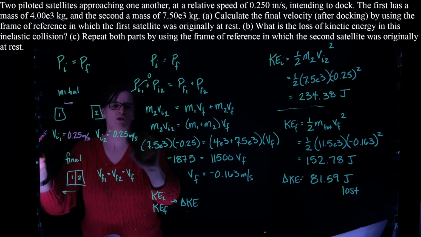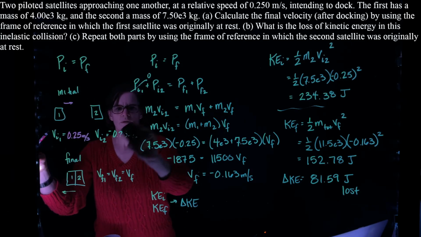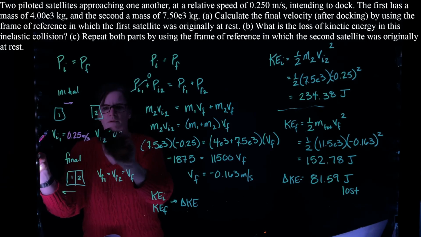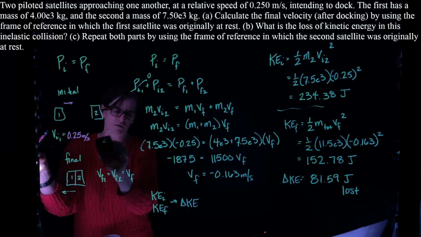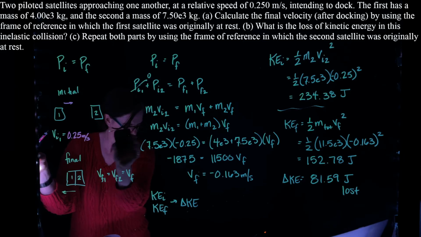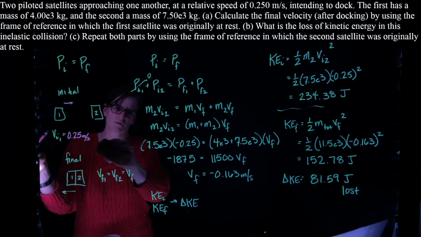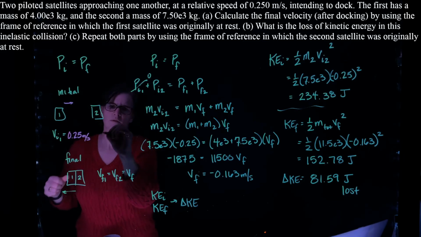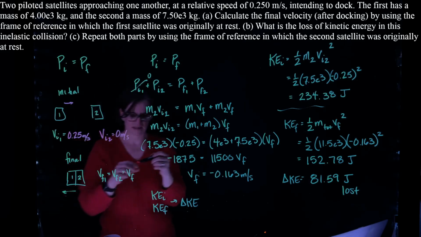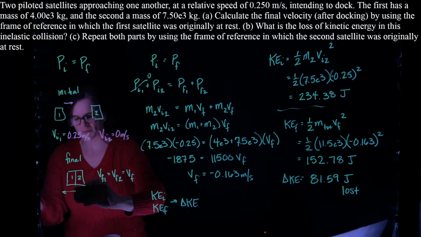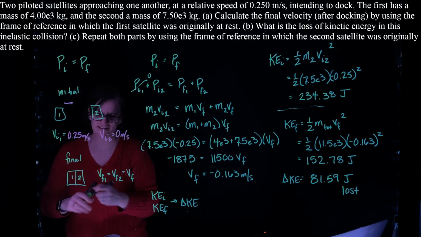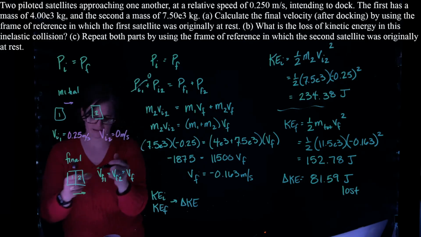And object 2 is equal to 0 meters per second. Now, when they collide, we in this case expect our object to be moving to the right.